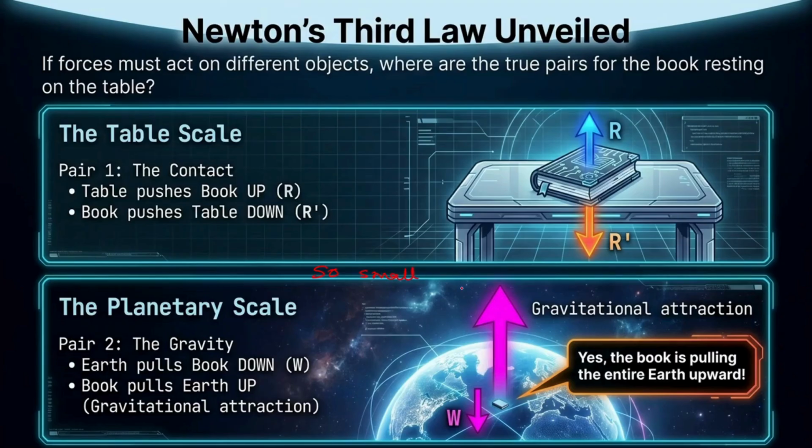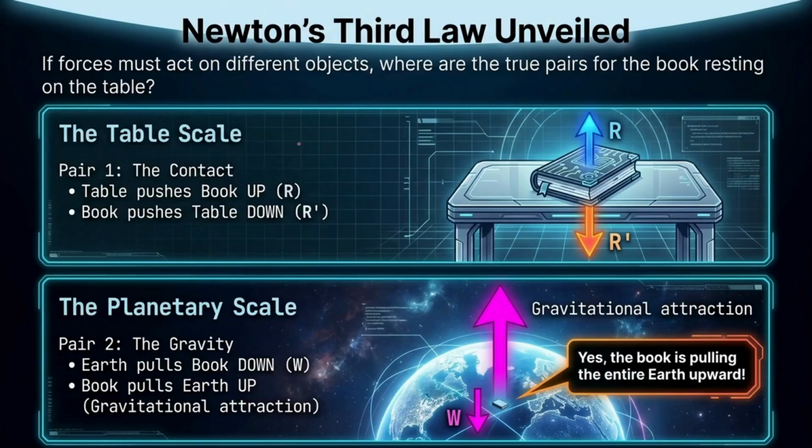Because the mass of the Earth is tremendously high and the weight of the book is very low, we cannot experience it at all. But it is always there. So I hope you have cleared your mind.